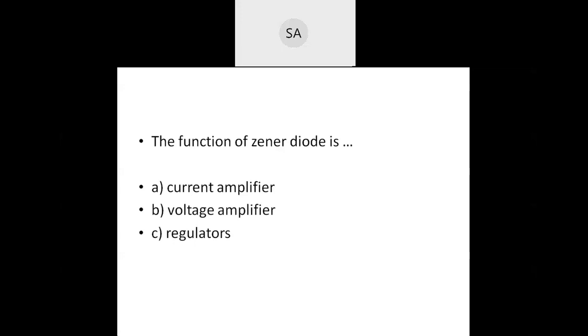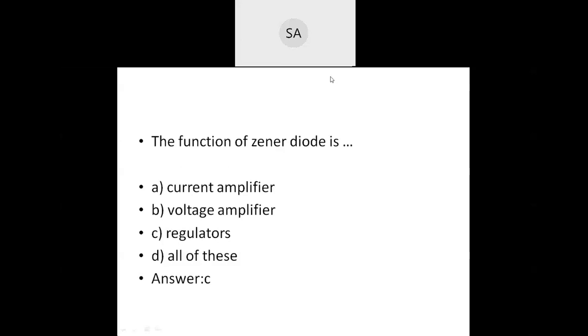We discussed the Zener diode as a voltage regulator: series regulators, shunt regulators, and regulators with transistors. We discussed the types of regulators, and we have positive regulators and negative regulators also. That is what we discussed with the Zener diode. The answer is Zener diode.